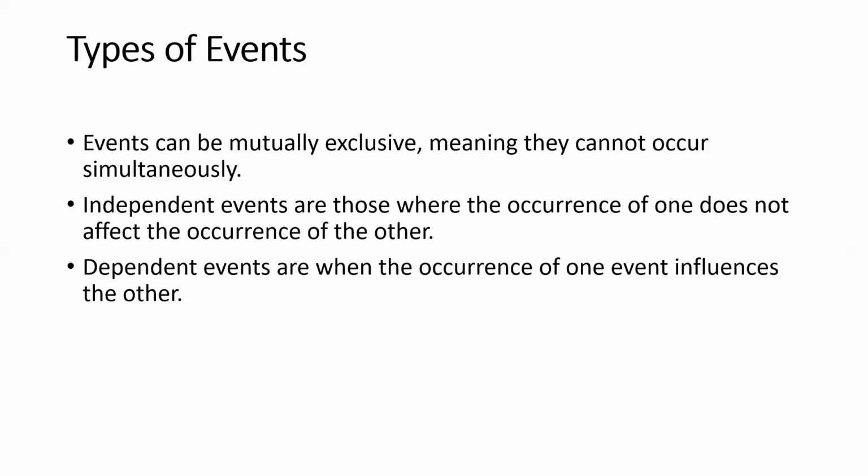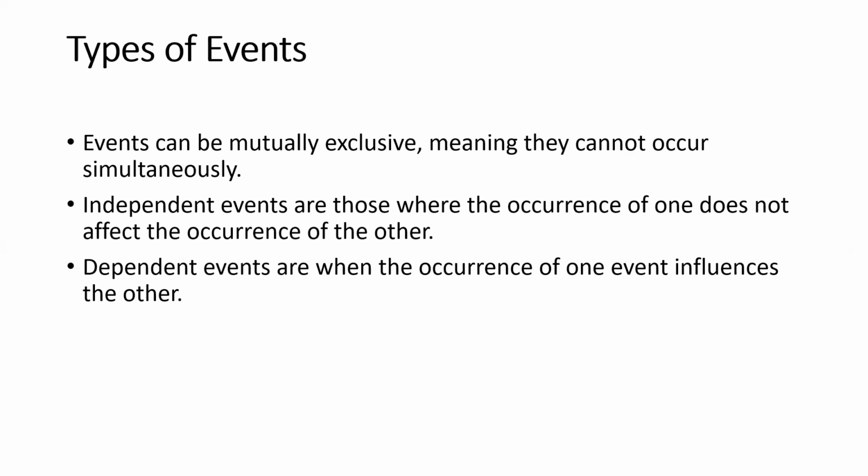Now, we have a deck of 52 cards. Pick up one card, look at it, and keep it out. Take another card. Now, suppose you have taken a red card. There are two colors, red and black, 26 red and 26 black.